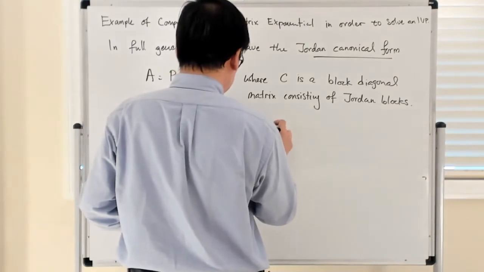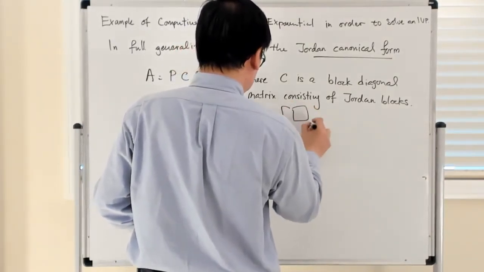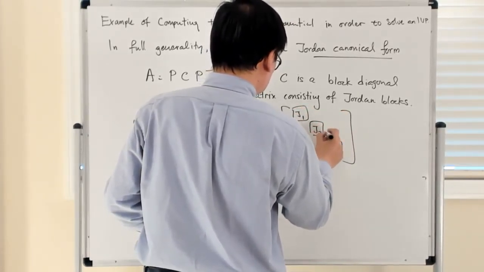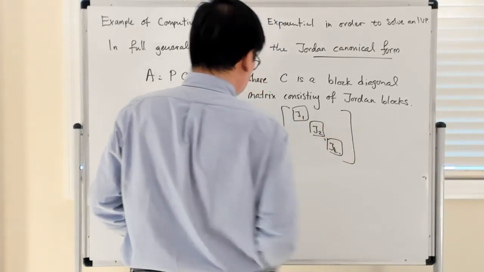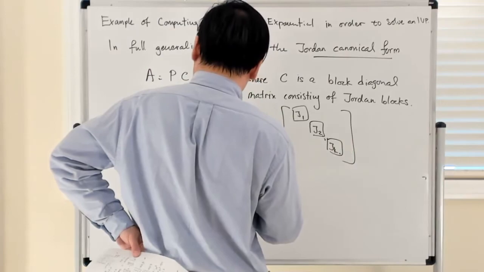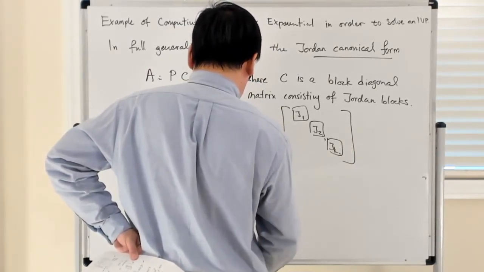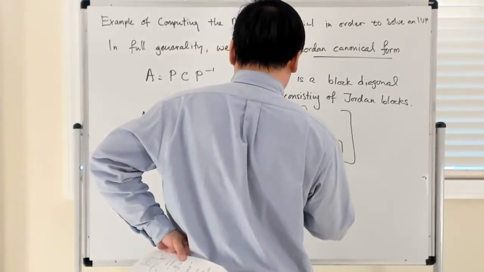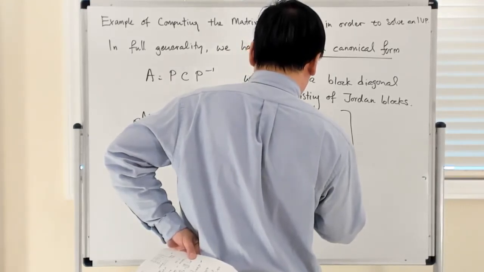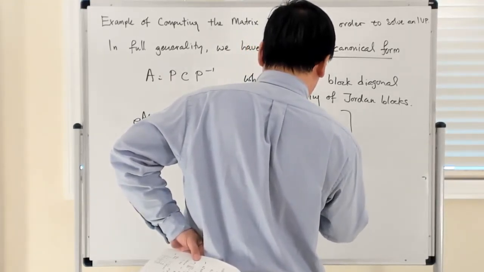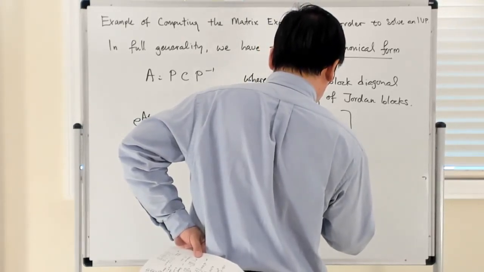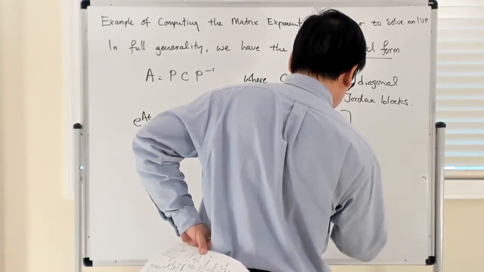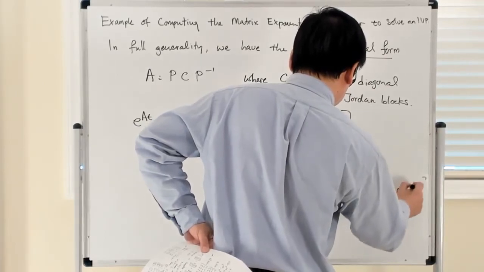And if C is this block diagonal matrix, let's call the blocks J1, J2, all the way up to JK, then e to the At is going to look like P times a block diagonal matrix with e to the J1 t, e to the J2 t, and the last block e to the JK t, and then there's a P inverse here.